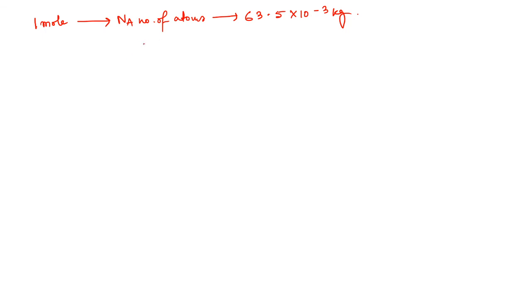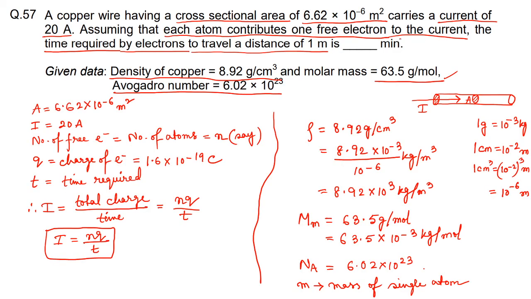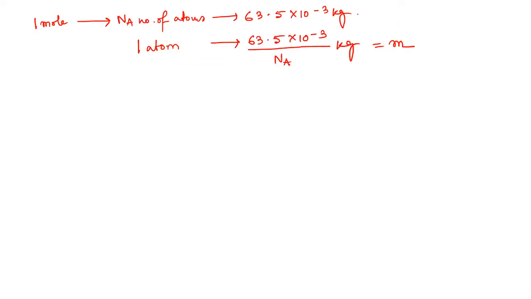So what would be the mass of one atom? Mass of one atom would be 63.5 into 10 to the power minus 3 divided by Na kg, right? So this would be equal to m, because we have considered small m as the mass of a single atom. So m is equal to 63.5 into 10 to the power minus 3 by Na kg.